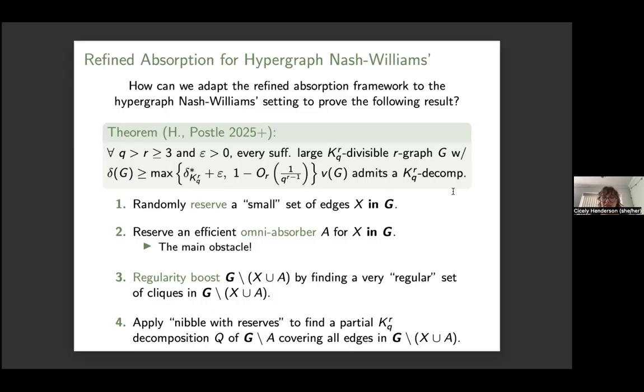And then finally, once again, apply nibble with reserves to G. And nibble has been adapted to this before, so that step is also not bad. So for the remainder of this talk, we'll really be talking about how to accomplish step 2. How do we find this omni-absorber A for X in our high minimum degree graph G?